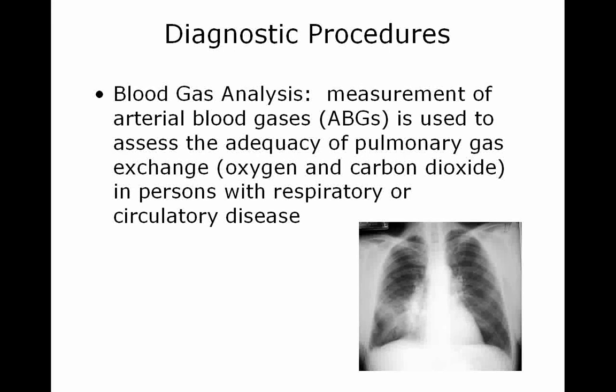Blood gas analysis. Now, most of you would be familiar with having given a sample of blood for a test, and usually the puncture is made in the bend of your arm, and they're puncturing a vein and taking out the blood to do various tests on.